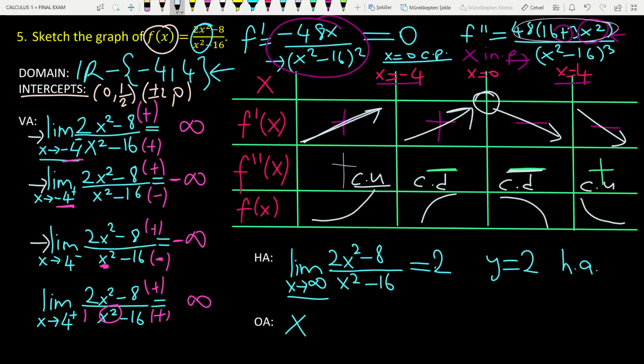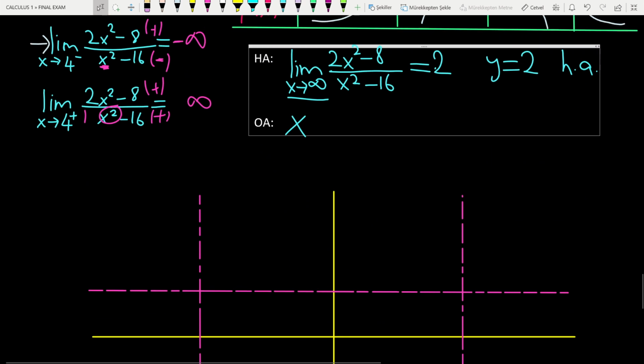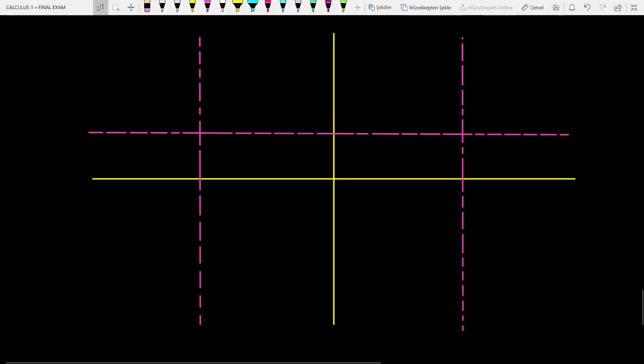I think now we are ready to sketch the graph using all this information. This is the graph of the function. This is x equals minus 4, a vertical asymptote, and the other asymptote x equals 4. This is y equals 2. Using the information given above, we see that we have 3 intercepts.